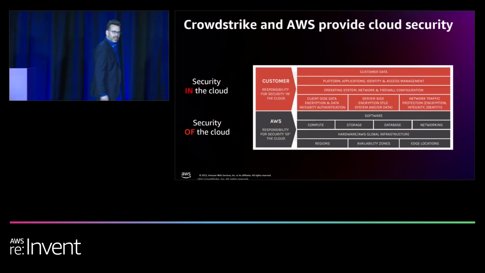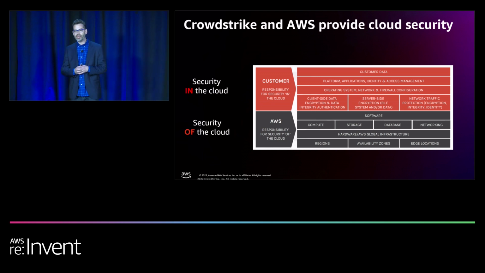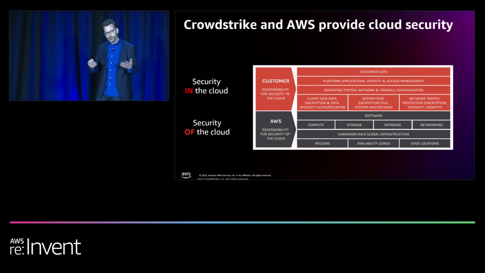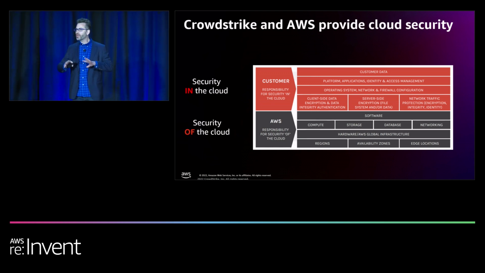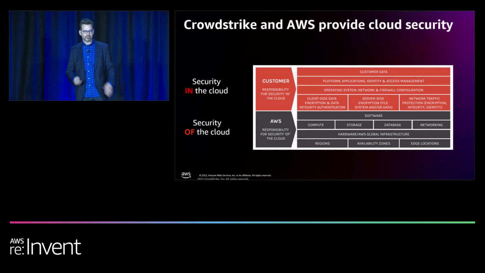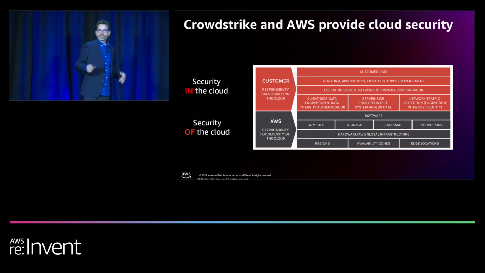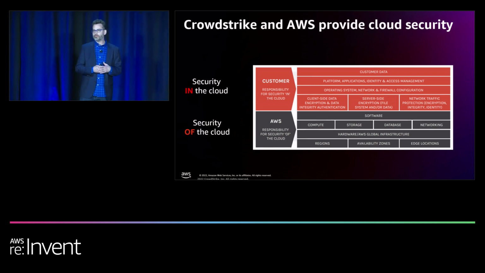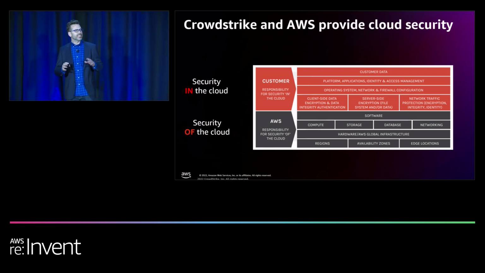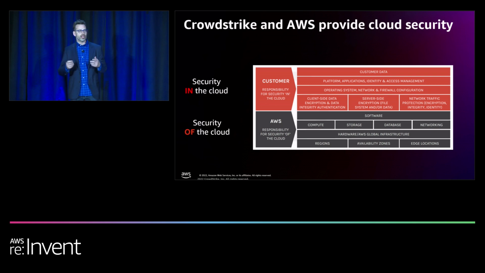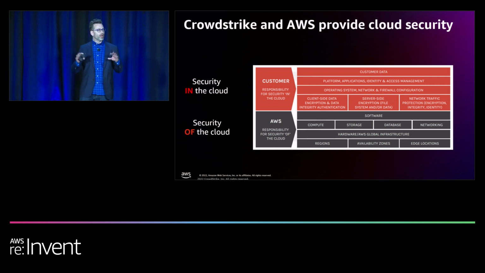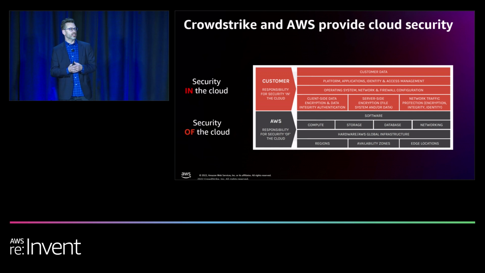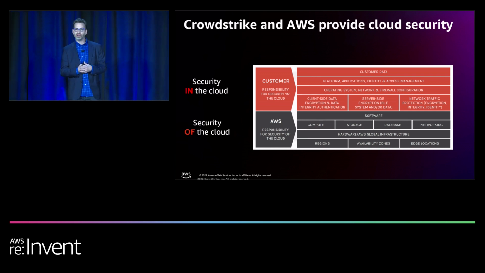So as Sam was saying, the dynamic nature of cloud and the proliferation of microservices really expands your attack surface. So how do you create a secure environment in that sort of complex, dynamic environment? AWS simplifies that process by creating the shared security model, where AWS handles a large portion of the security.